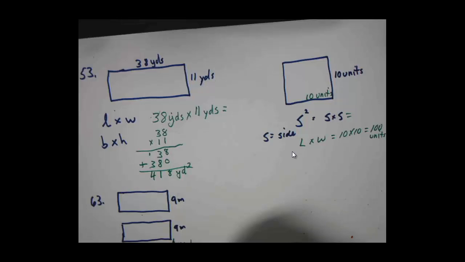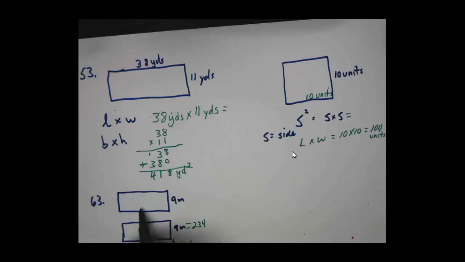So 26 times 9, you can do that longhand. 6 times 9 is 54, so the 4 drops down, the 5 is going to carry. 2 times 9 is 18, plus the 5 gives us 234. So each one of these small boxes is 234.